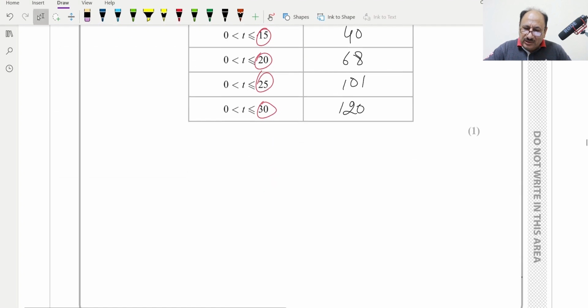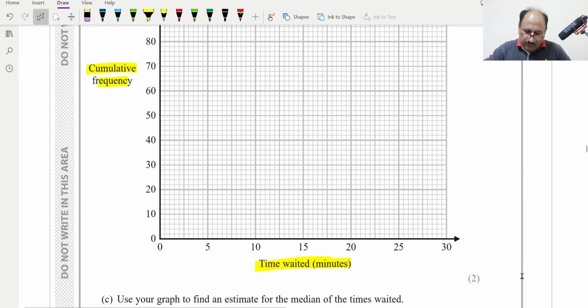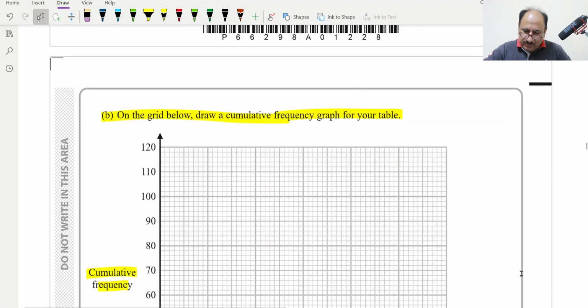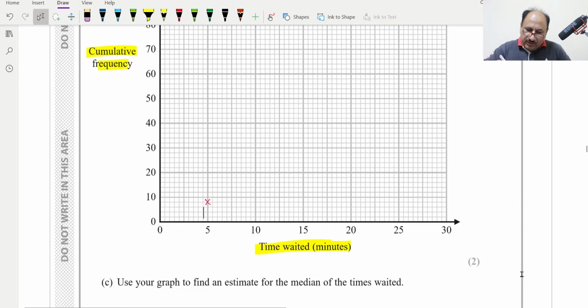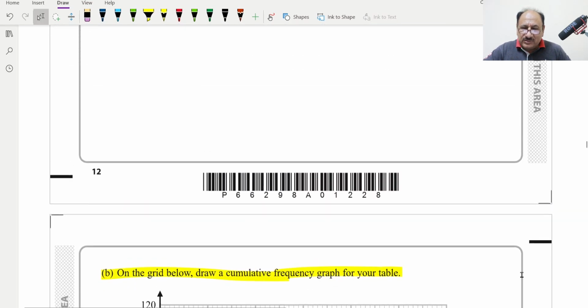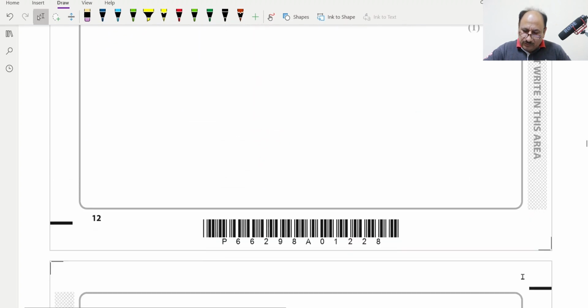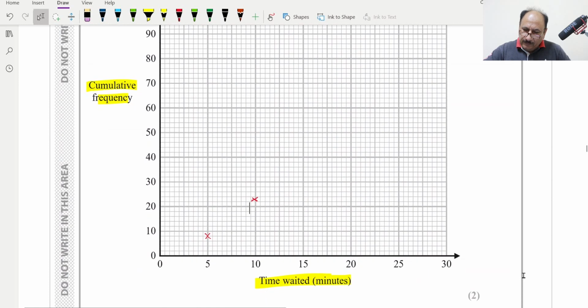So for 5 it is 8, so the first will be this point. The second is 10 and 23, so for 10, 23 will be over here. Then for the third one, for 15 it is 40, so it will be over here.